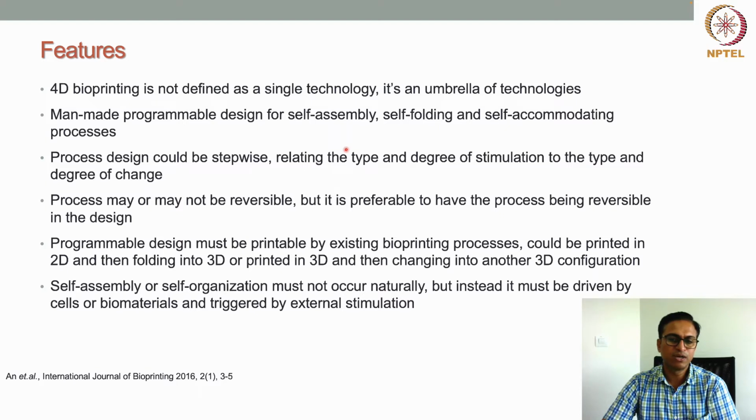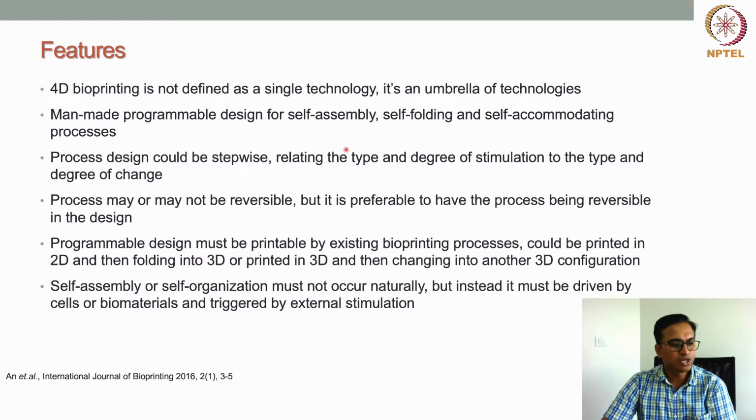Sometimes the process can be reversible or it cannot be reversible, but it is always preferred to have the process as reversible, because in that case the changes can also be reversible. That means if a certain material changes its shape, suppose a thermoreversible material, where upon temperature the material can change its shape or size, that kind of material can be used for bioprinting.